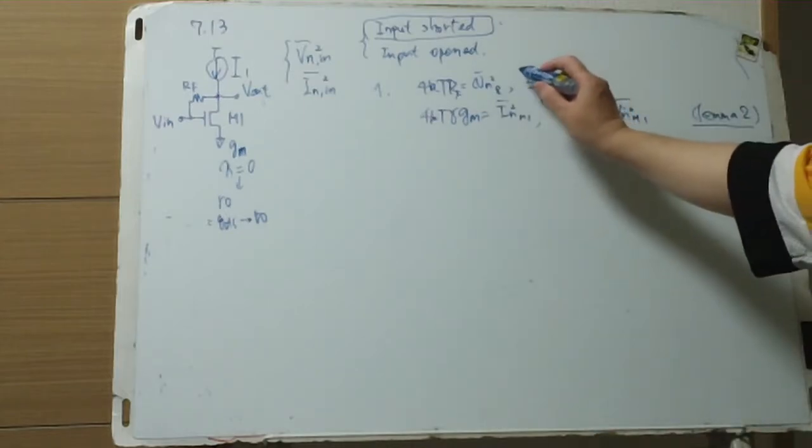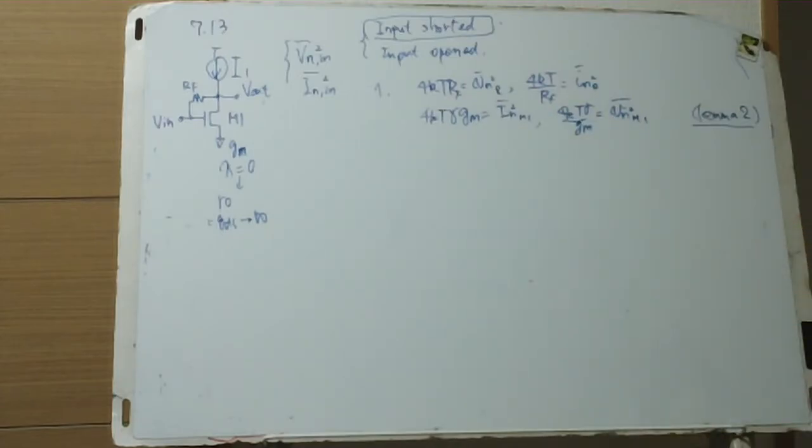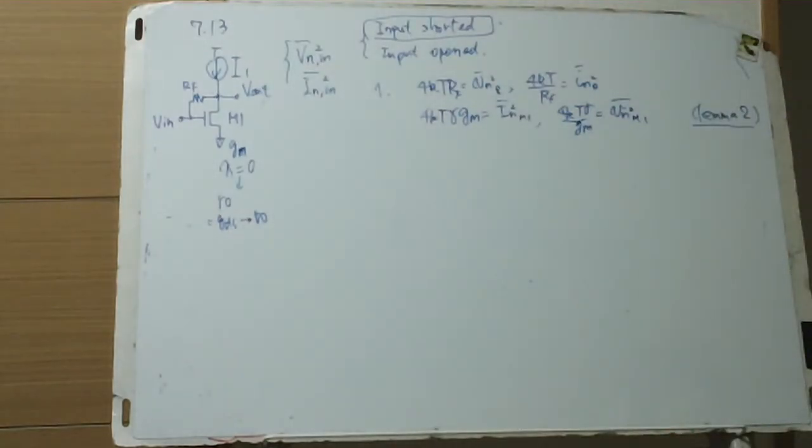These are the components for device noise, and I1 doesn't have noise, being an ideal one.